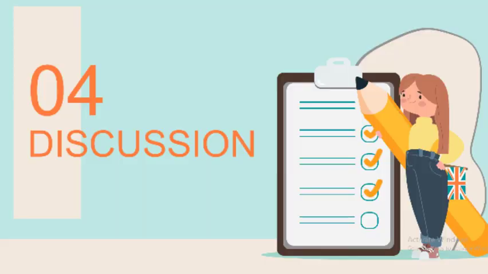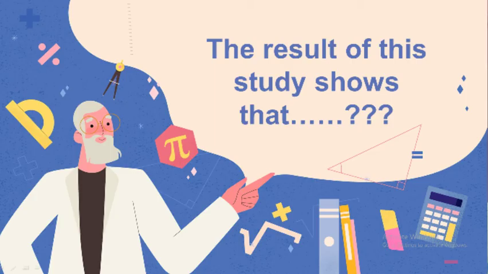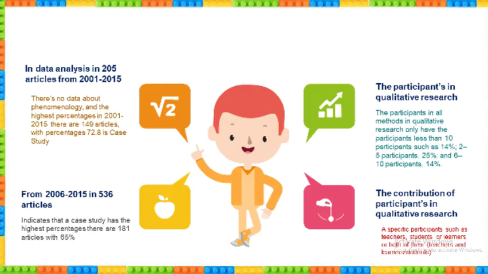Number 4 is the discussion. The result of this study shows that in data analysis in 205 articles from 2001 until 2015, there's no data about phenomenology, and the highest percentage is the 149 articles of case study, with the percentage of 72.8%.